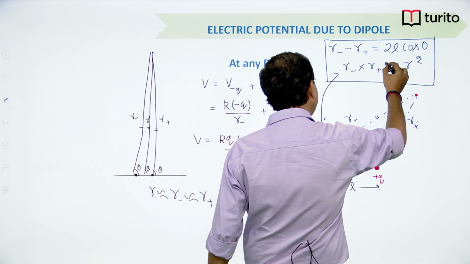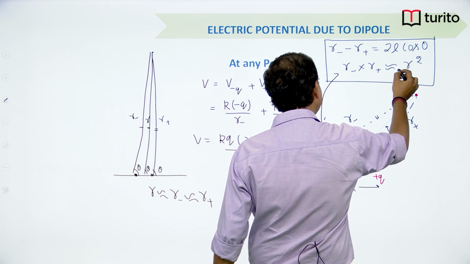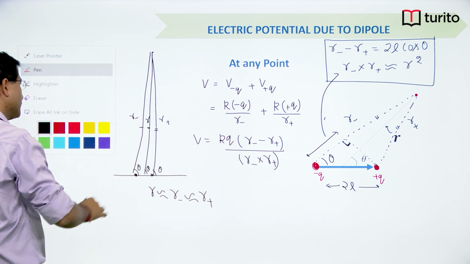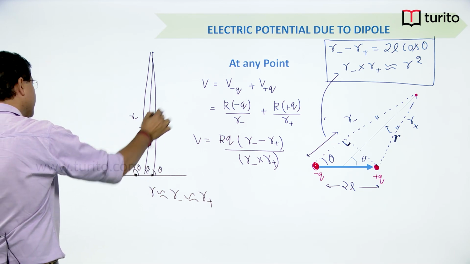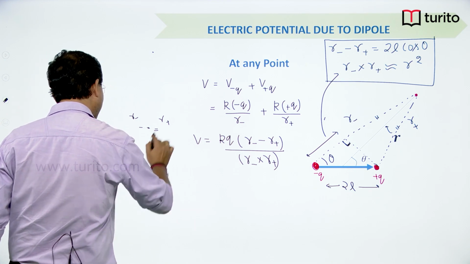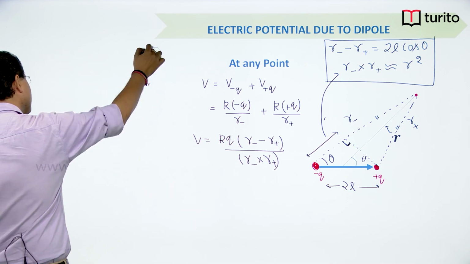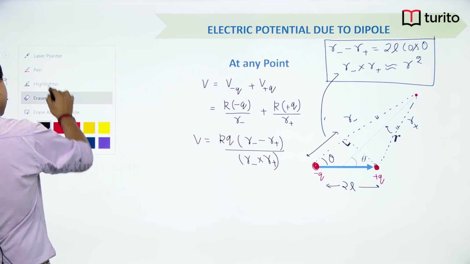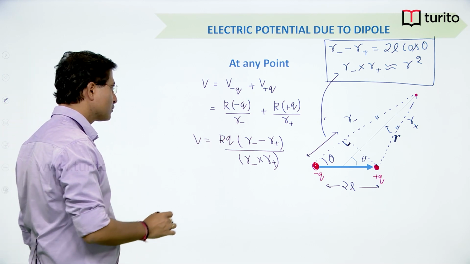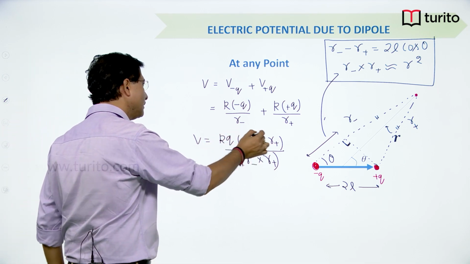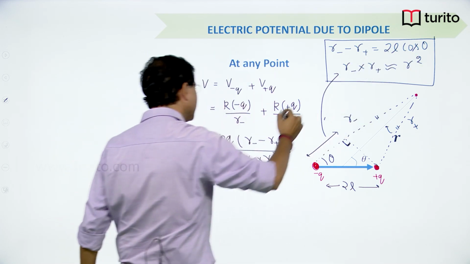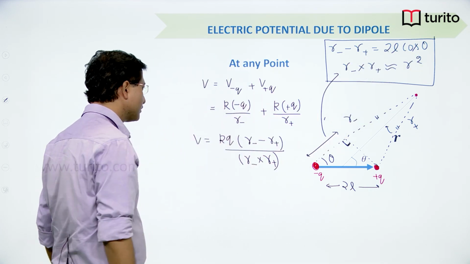So this is a symbol of approximately equal, right? So this concept is clear. I will erase this. So here I can write 2L cos theta, and here I can write R square.